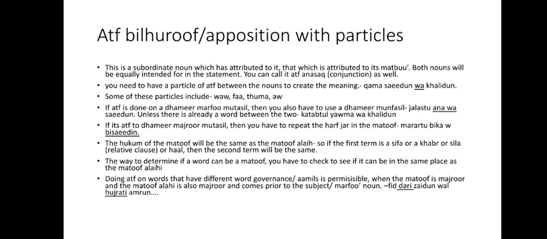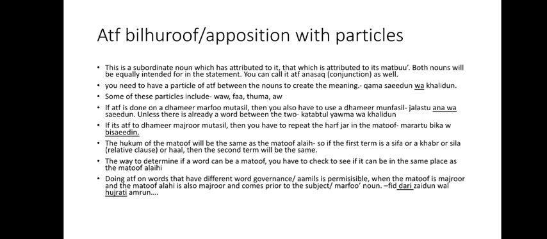So for our purposes today, what we need to remember is that if there is a pronoun which is the subject of a verb and it's attached to the verb, and you want to do atf on the meaning of the verb, then you have to use another pronoun which is detached, like jalastu ana.